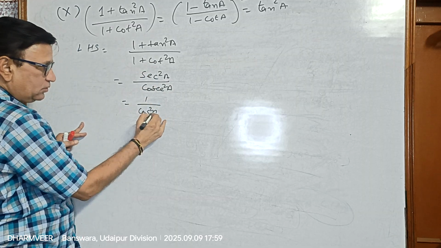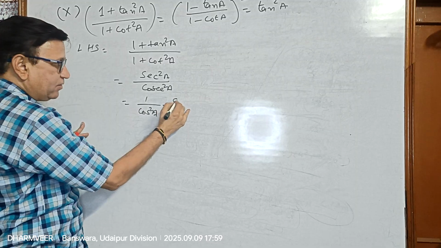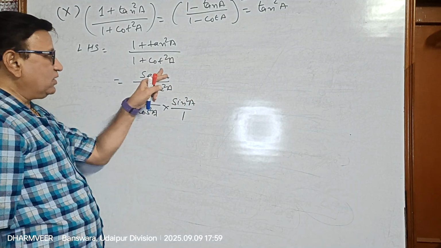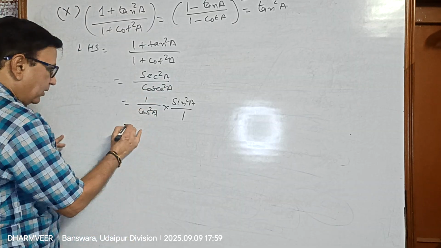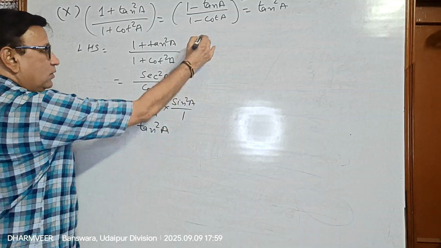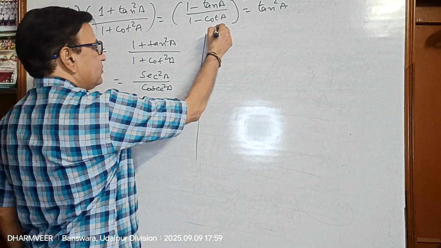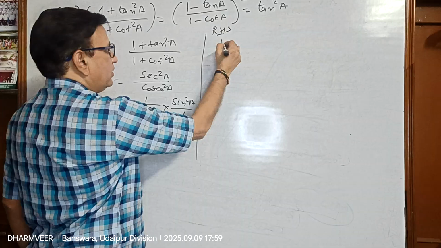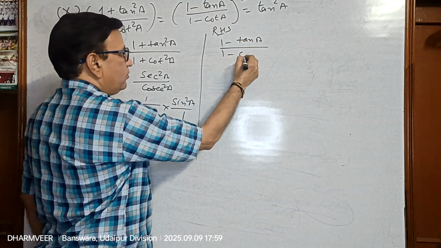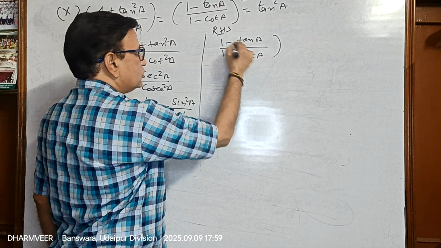Sec means 1 upon cos, and cosec means 1 upon sin. Just put the value of sec and cosec. It becomes sin square upon cos square, which gives you tan square. At the same time, the RHS, that is (1 minus tan a) upon (1 minus cot a) whole square.